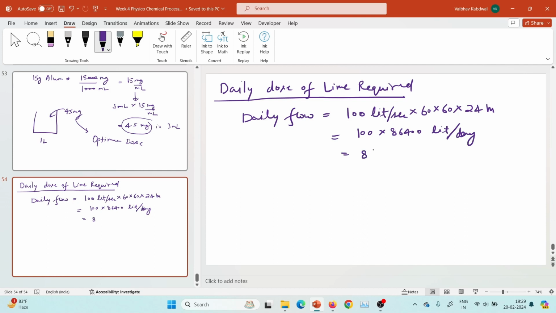I think it will be 86.4 into 10 to the power 6 liter per day.